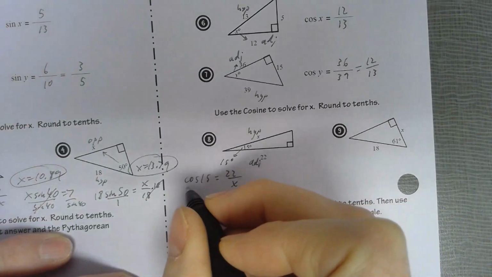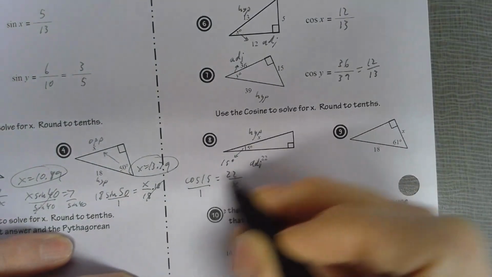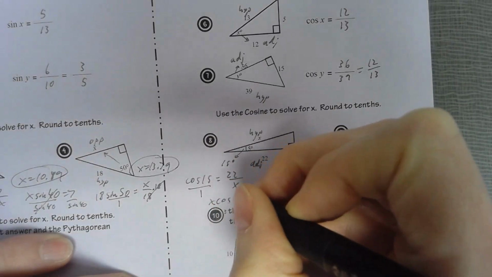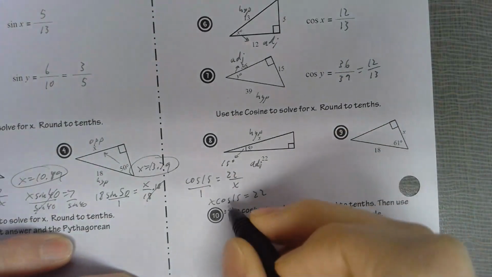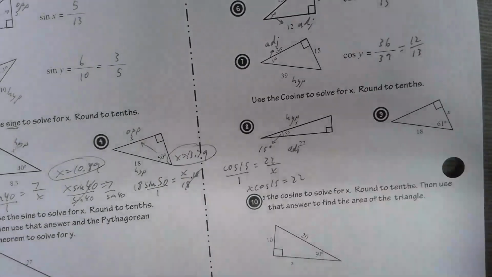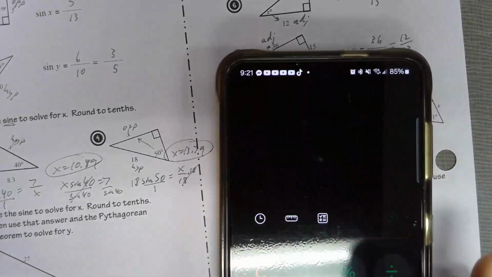This is a ratio, so we're going to treat it like a ratio. Put the cosine of 15 over 1, and then we can multiply the cross products. So x times the cosine of 15 equals 22 times 1, or just 22. Remember, evaluating the cosine of 15 is going to get me a messy decimal, probably. So let's try it out.